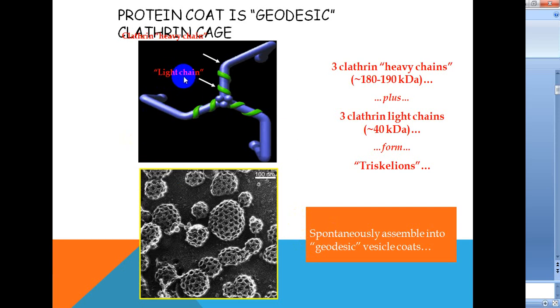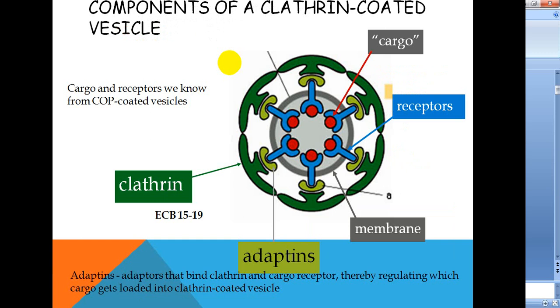These are the light chains, whereas these are the heavy chains. The heavy chains have a molecular weight around 180 to 190 kilodalton, and the clathrin light chains are 40 kilodalton of mass, and they form a peculiar structure like a geodesic clathrin cage, and that is found over this vesicle, which is called the coated vesicle.